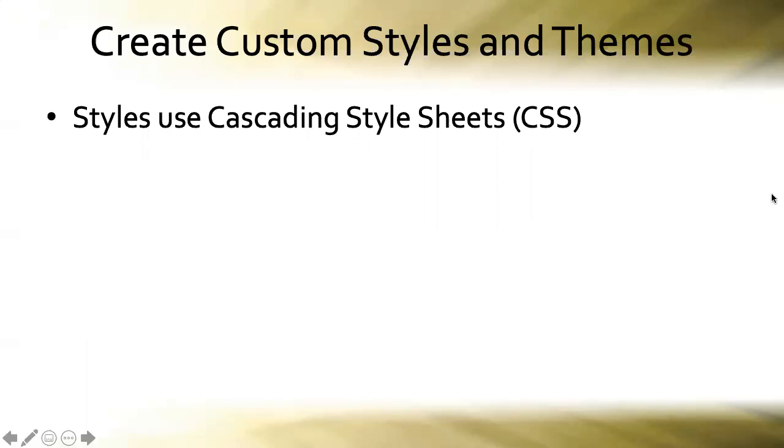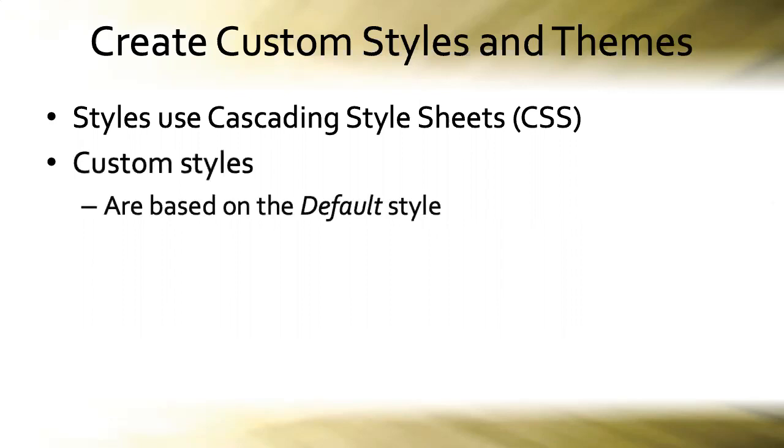The name cascading style sheets implies inheritance, and rightly so. Custom styles are based on the default style for that object type, and they inherit from that default style, as you saw in my examples there.